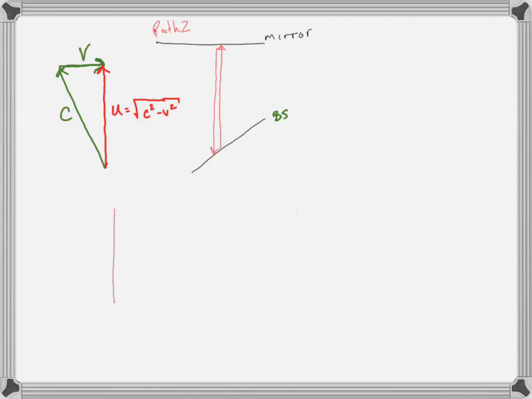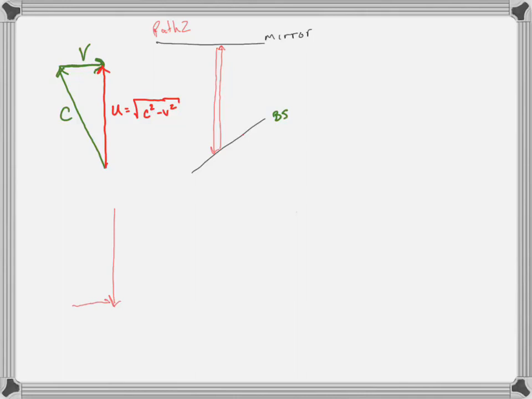So the light that's coming back must have been blown to the right by V, and so C must be, oh, wait a second, C plus V. Oh, right, sorry, the sum of two vectors, the sum must go from the tail to the head, so I drew that incorrectly.